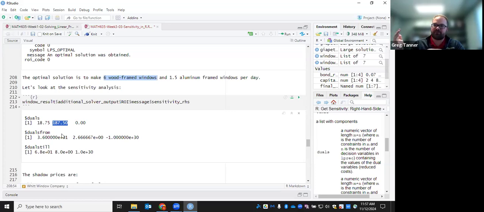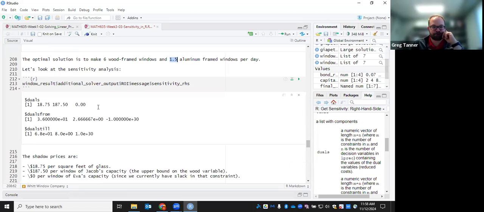Or on the flip side, if Jacob makes fewer windows in a day, we're losing $187.50 in profit. And then for the aluminum framed windows, there's 0 for the shadow price because we're not currently limited by either the upper bound or the lower bound. We're making 1.5 of them, which is between the upper and lower bound.